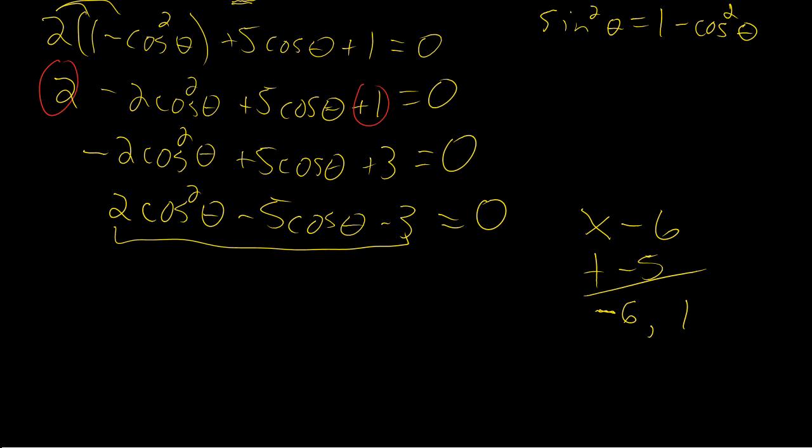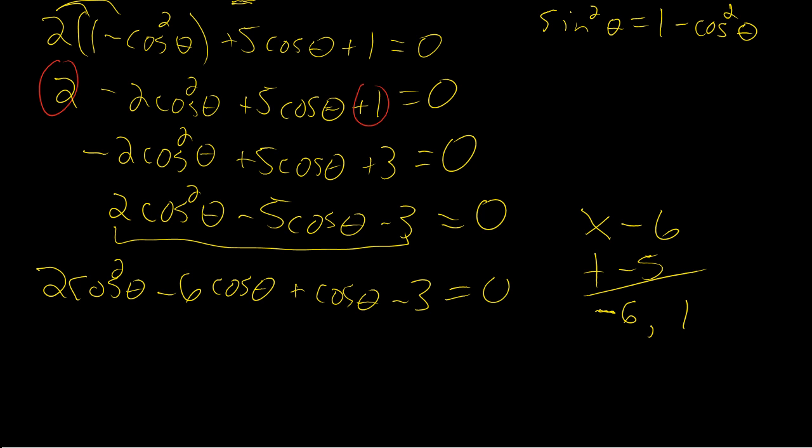I initially thought 3 and 2, but -3 and -2 will give me the -5, but would give me back a +6. So a little bit tricky, but not too bad. Nothing you didn't see in grade 10 and 11.